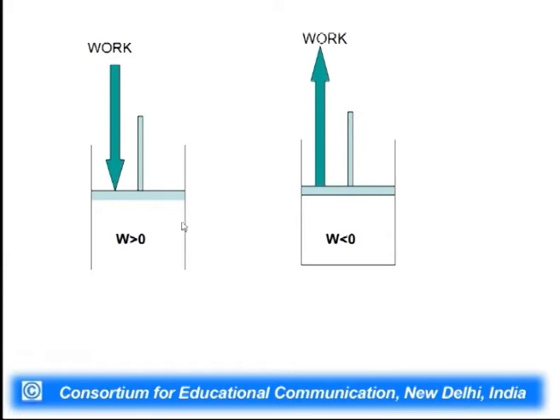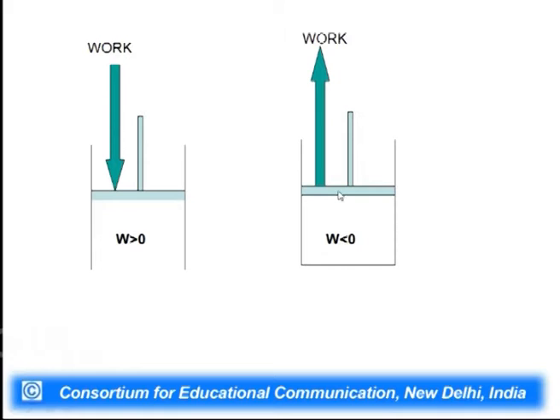Again, you can see here that we have two different cases. In the first, there is work done on the system. So, work is being done by the surrounding on the system. In that case, internal energy will increase, and so work has been given a positive sign. So, W is greater than 0.